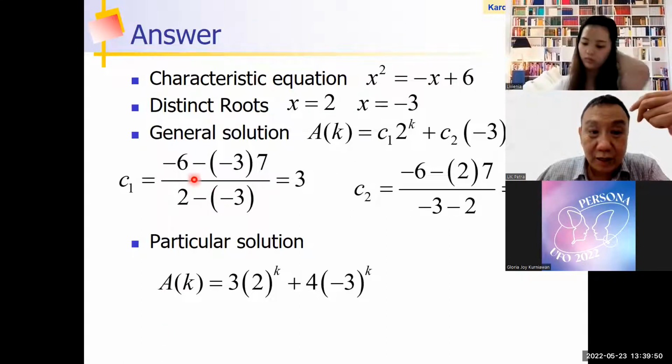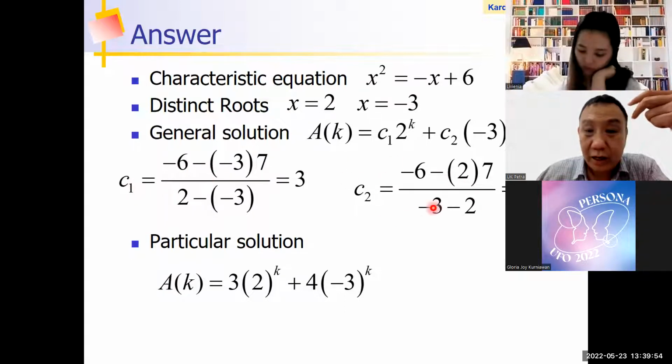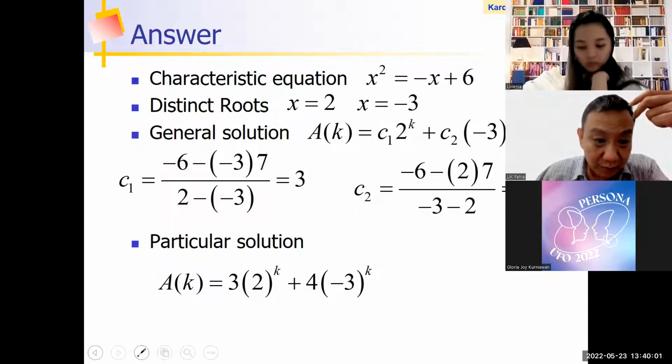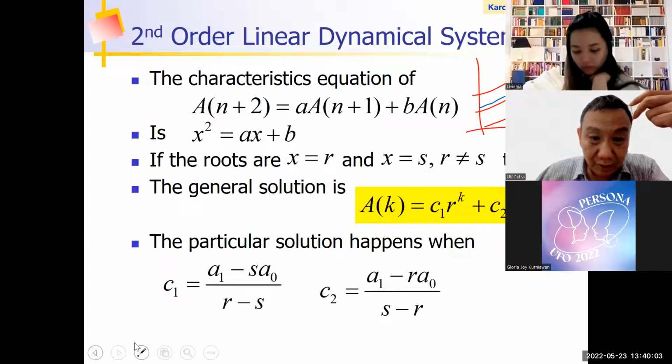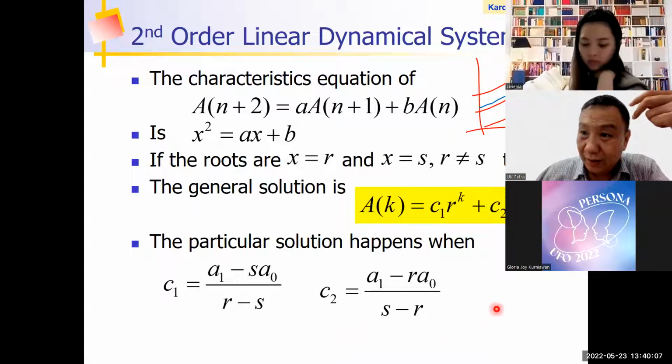It is given, right? So then we just input into the equation, and we get C1 and C2. Do you know where this equation comes from? It comes from here. So we know A1 and A0, we know R and S, so we can get C1 and C2.